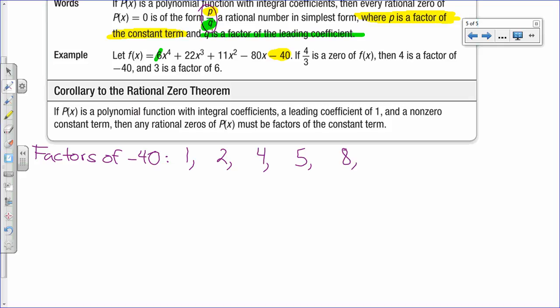10. What else? 20, 40. Okay, so we have 8 in total, right? I'm going to tell you one thing.